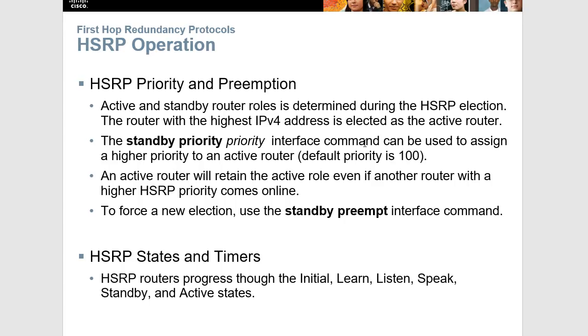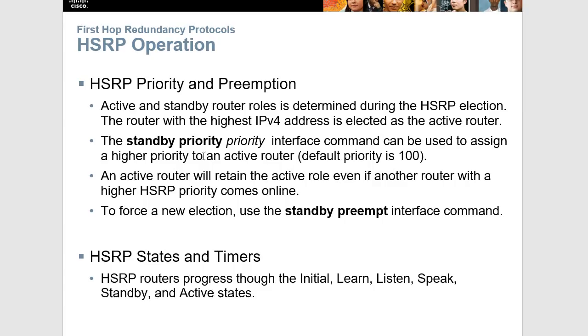This is going to be a little confusing because in STP you want lower numbers. That's what gets you elected as the root bridge. Here, to become the active router, you want the highest IP address or the highest priority. So it's kind of backwards. Try not to get those two things mixed up.